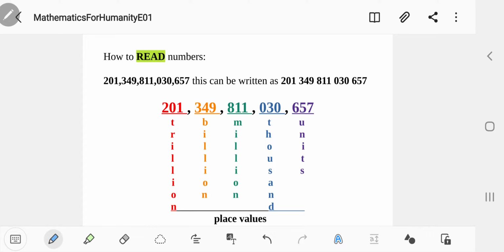In this example, you have this large number, we rewrite it as this, and the place value for these numbers here, the rightmost group is the units place. And then the next group to the left, this one, is the thousands place. Thousand.